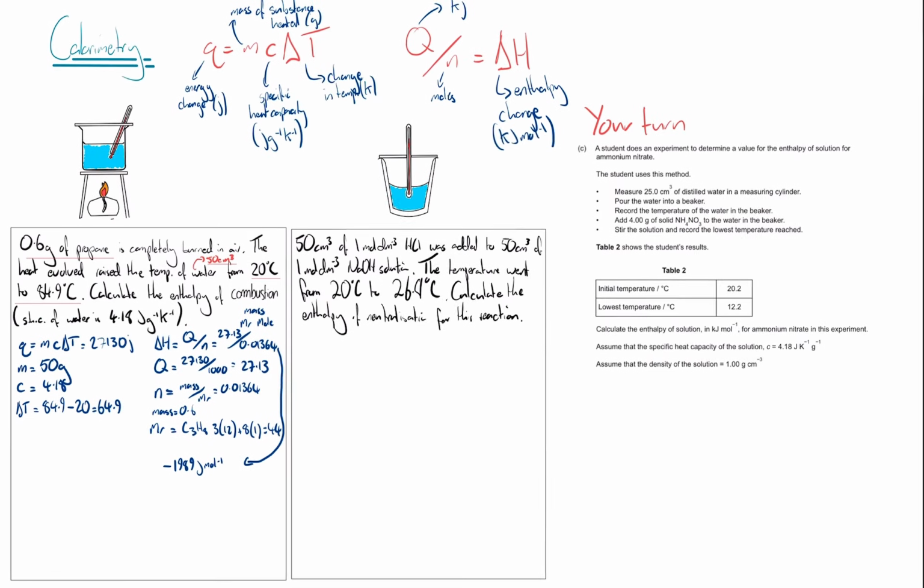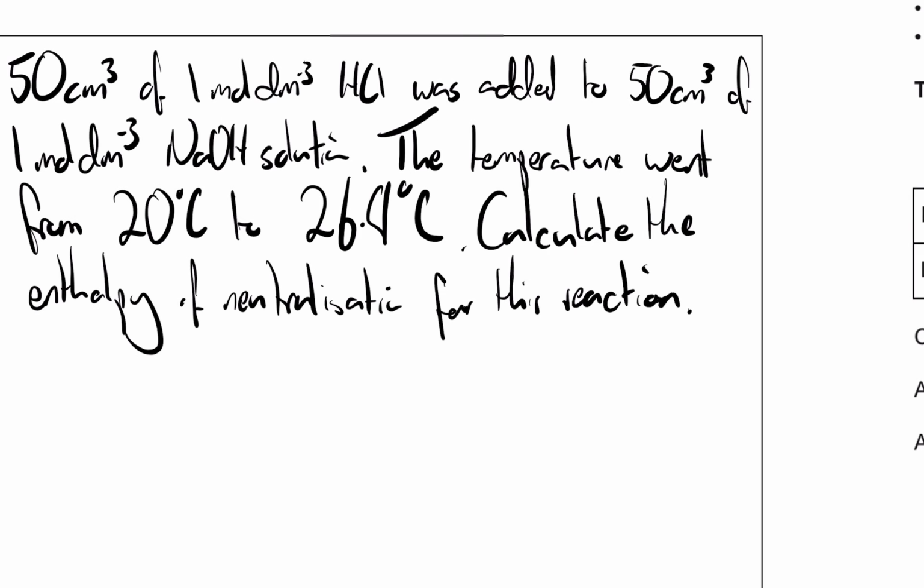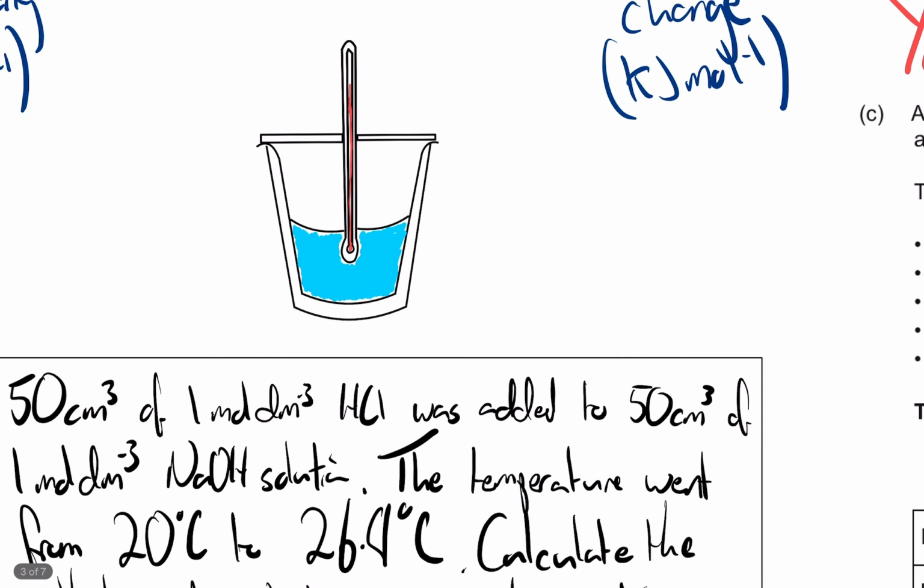Okay, next one. So here, this would be our setup. We've got 50 centimetres cubed of hydrochloric acid, 50 centimetres cubed of NaOH. They're going to go in here, we'll measure the temperature at the start, and then we'll measure our final temperature at the end.